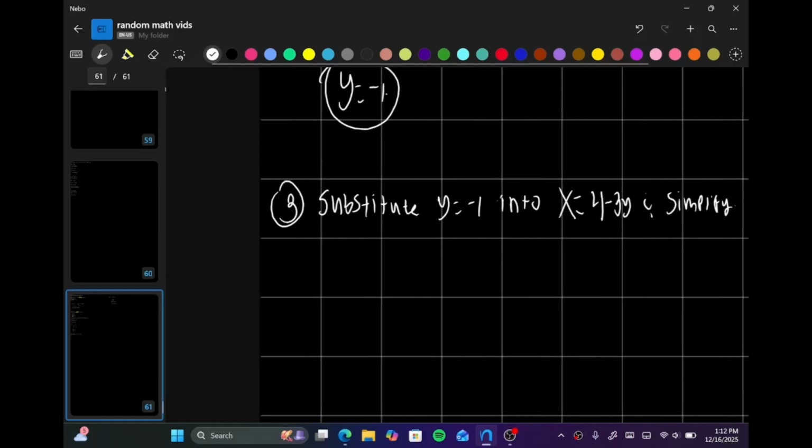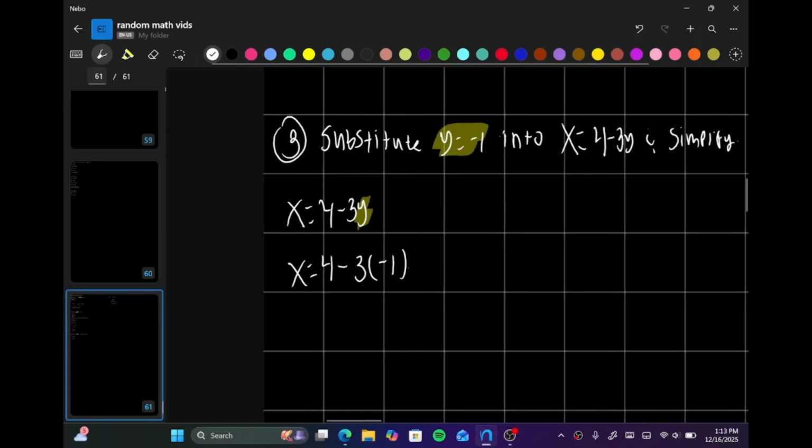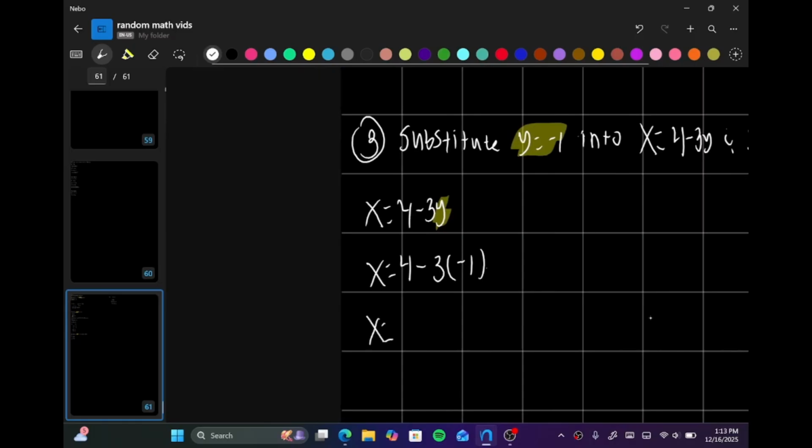So we have x equals 4 minus 3y. The -1 goes in here. So then we have x equals 4 minus 3 times -1. Here we have x is equal to 4, and then minus 3 times -1, it's plus 3. So then x is equal to 7.